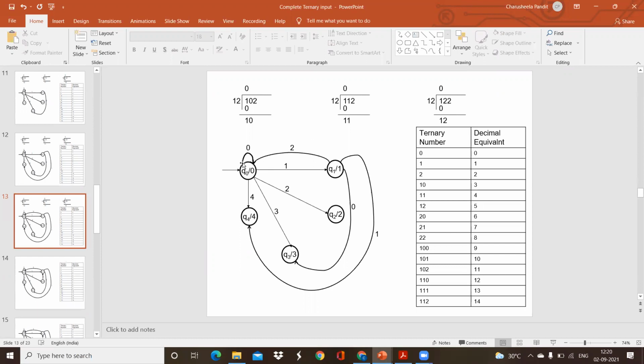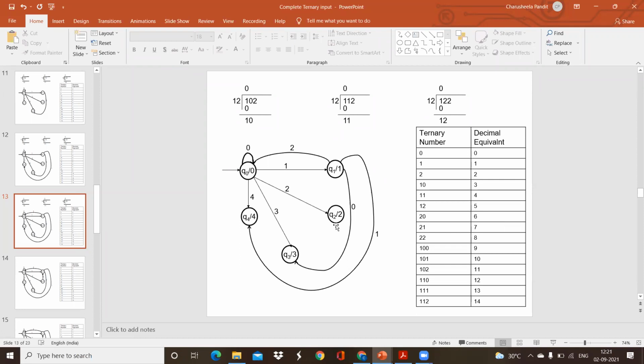Now, you have given all possible inputs to Q0, that is 0, 1 and 2. You have given all possible inputs to Q1, that is 0, 1 and 2. Now, similarly, you give all possible inputs to Q2, Q3 and Q4. So when 2 is a remainder, the next digit which you can concatenate is again 0, so you will get number 20. It can be 1, so the number you will get is 21. It can be 2, so the number you will get will be 22. So check that decimal equivalent, divide it by 5, see what is the remainder, and accordingly you move to the state which will generate that respective output.